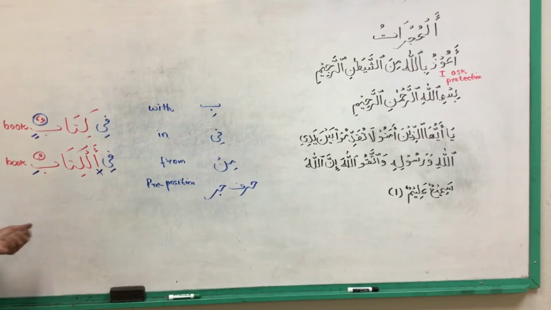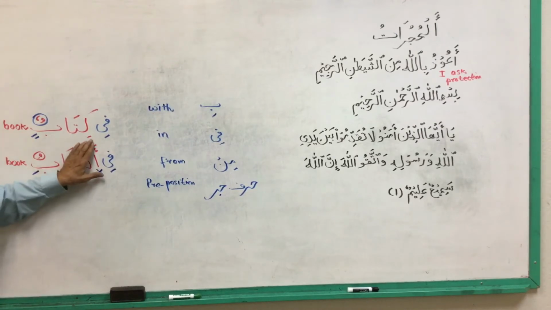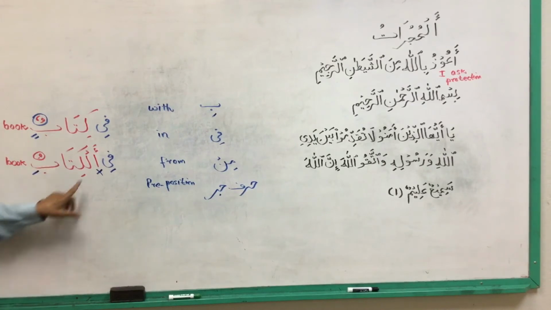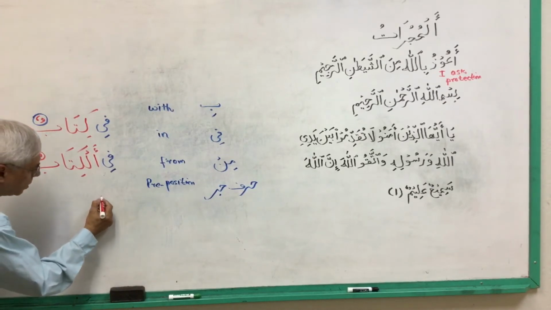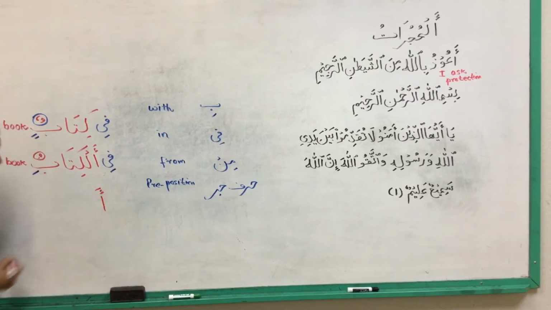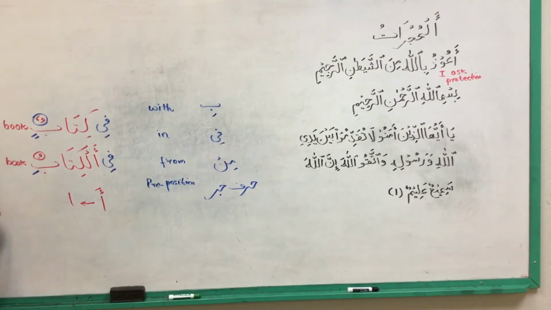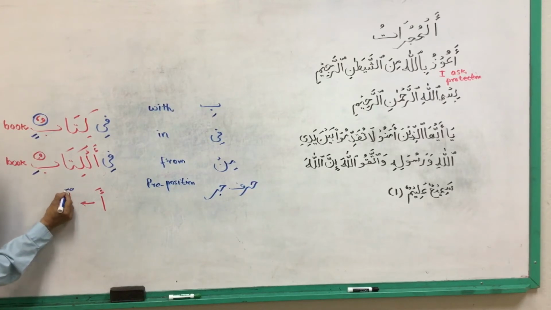Now the problem is that this alif has to be kept there. Because if you're teaching someone, you will say fi was one word, al-kitabu was another word, but we are reading them together, and the alif is still there. Alif has this little sign here. So in the writing, in the script, we change this to a small half swad.